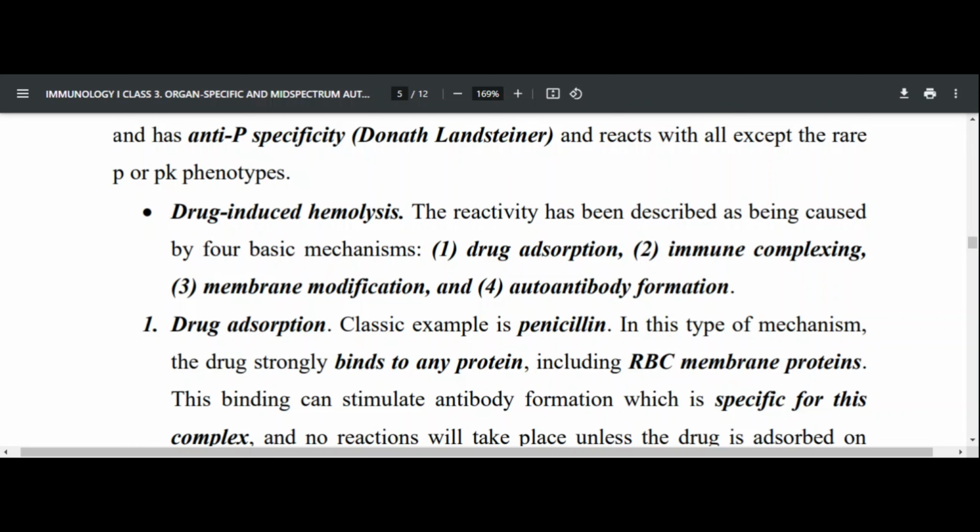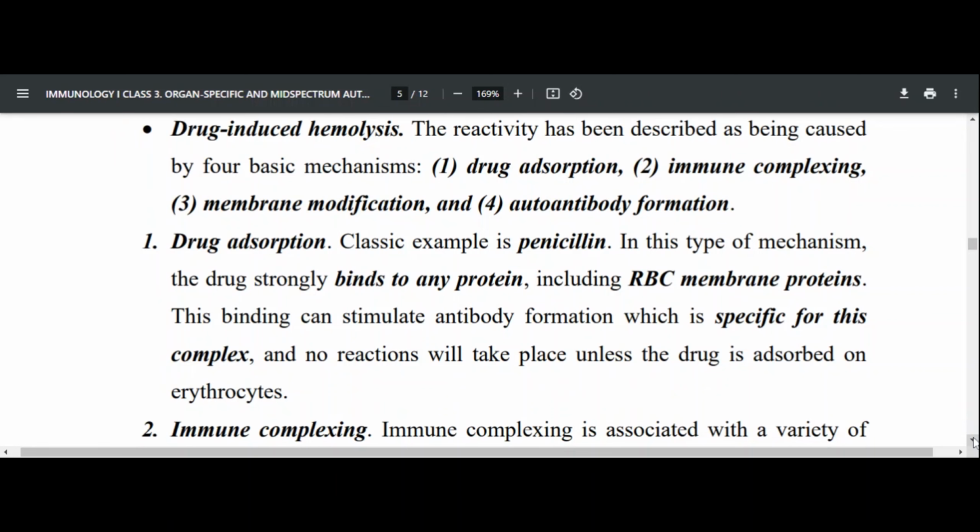So the first thing is what you call drug adsorption. A classic example of drug adsorption is penicillin, and in this mechanism, the drug is able to bind strongly to any protein of the RBC, for example, RBC membrane protein. So the drug binds on these membrane proteins of red blood cells, and the binding can stimulate antibody formation which is specific for this complex. For example, this is autoimmunity.